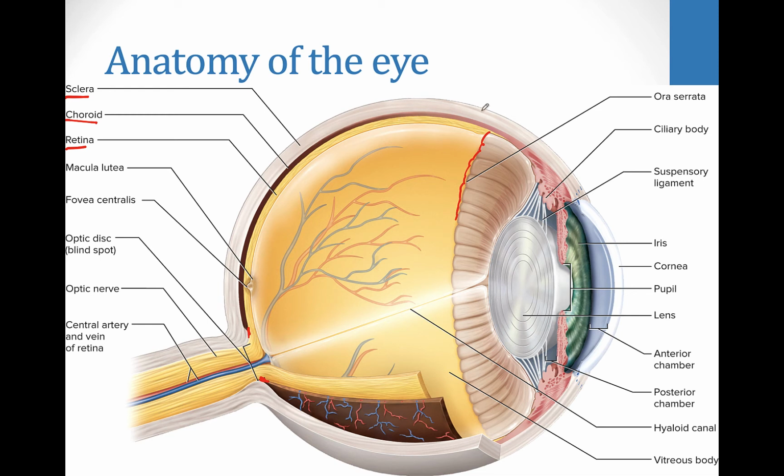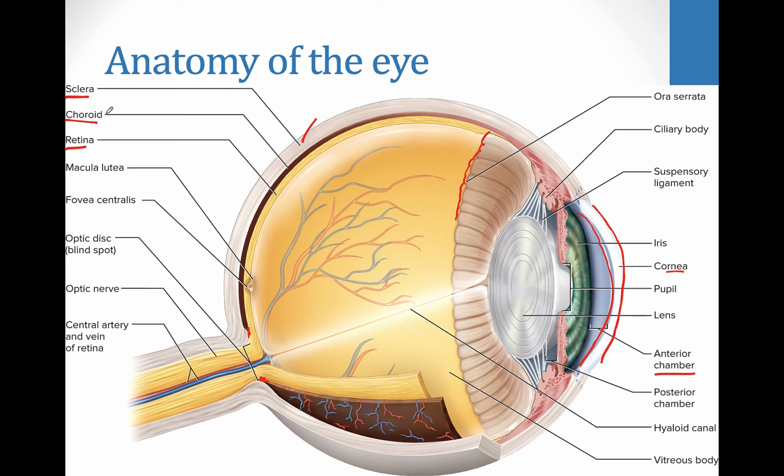So starting from the outside in, on the sclera, we have this outermost scleral covering towards the back, and then towards the front of the eye, we have the cornea, which is this convex structure here. Between the cornea and the next layer, we have an anterior chamber, which is filled with what's called aqueous humor, which is a liquid.